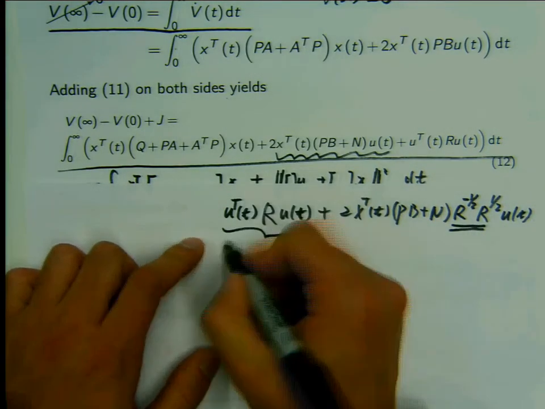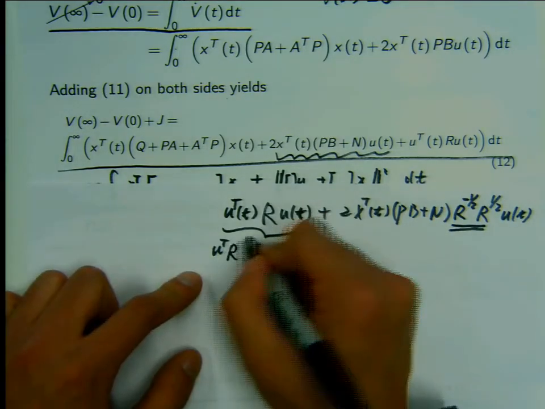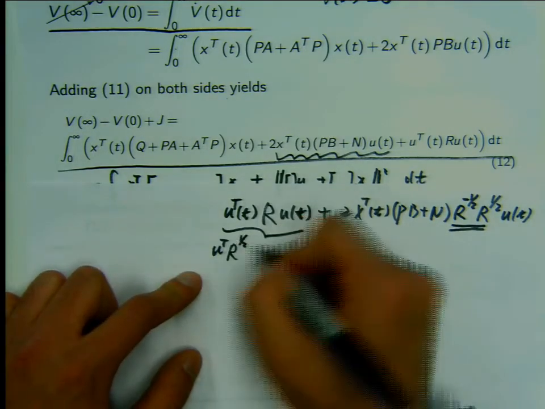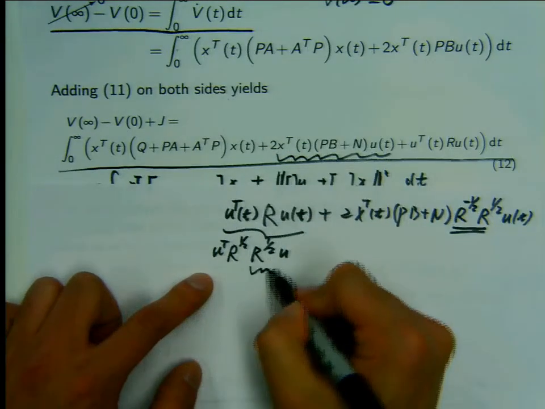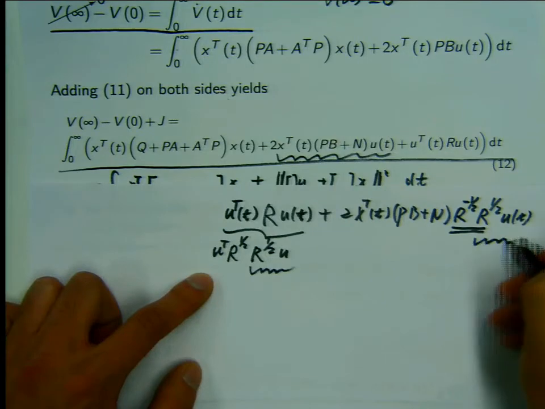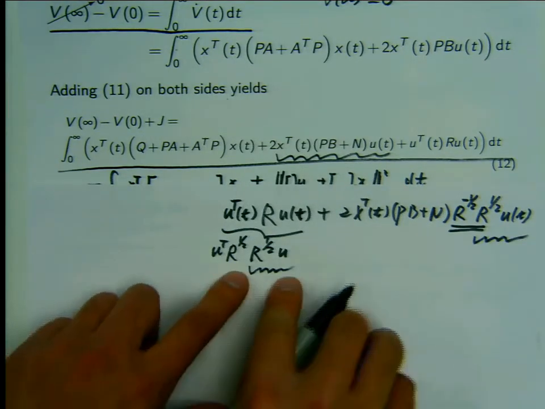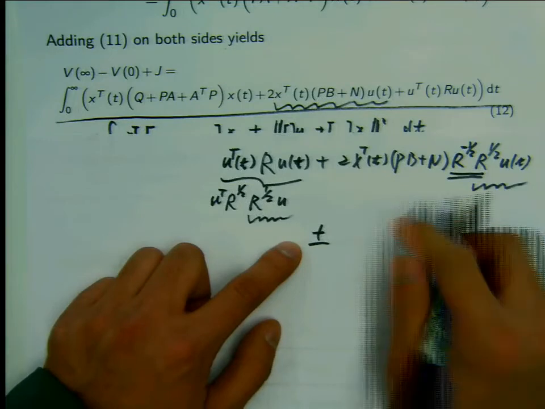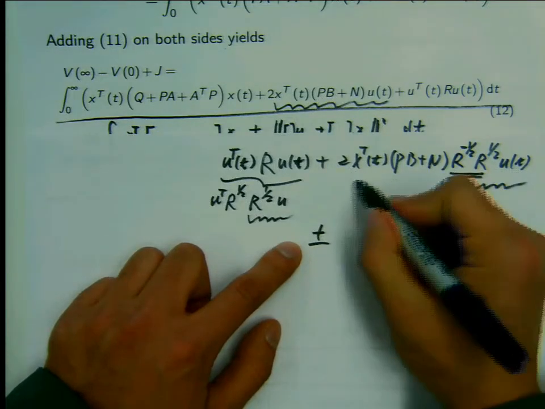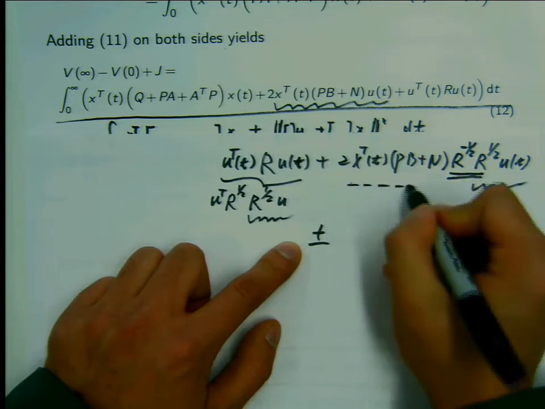And then I can write u transpose R 1 divided by 2, R 1 divided by 2 u. So now you see I have a squared term of u here, the square root of R times u, and it's going to occur here. If I subtract and add this term, let me do a dashed line.